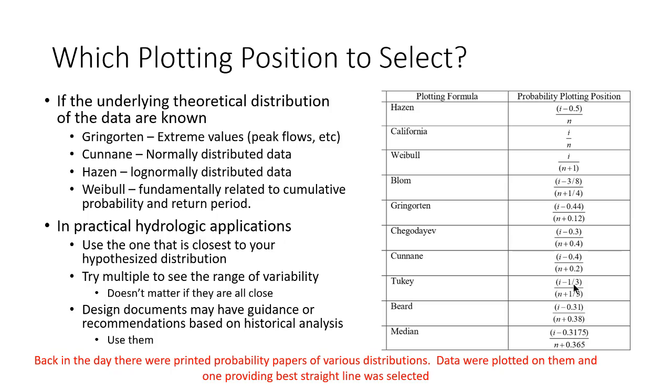So you might have a plotting position formula that says that a flow of 1,000 CFS could be a 100-year flood, and there could be a plotting position formula that says the Q of 1,000 CFS is actually a 10-year flood. And of course, depending on how conservative you want to be, you would pick one of those two plotting position formulas.